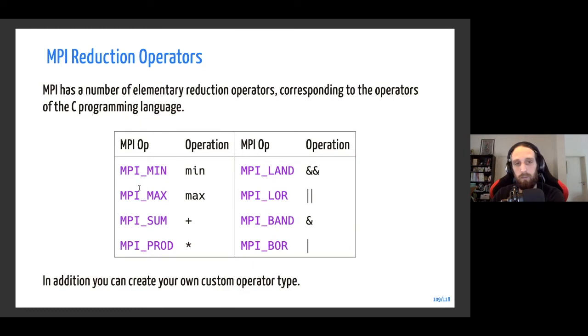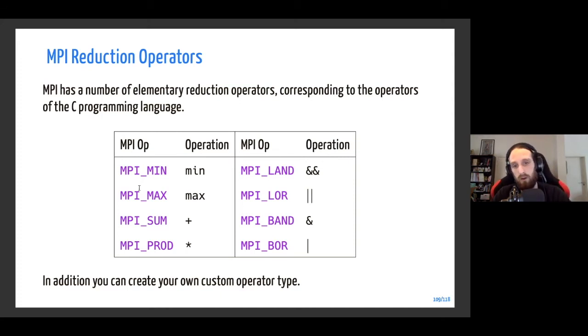And this MPI op can take multiple values. For example, you have MPI min and max, or you have MPI sum, which is obviously a sum, or MPI prod, which is useful to compute a product. And of course, you also have binary and logical operations.